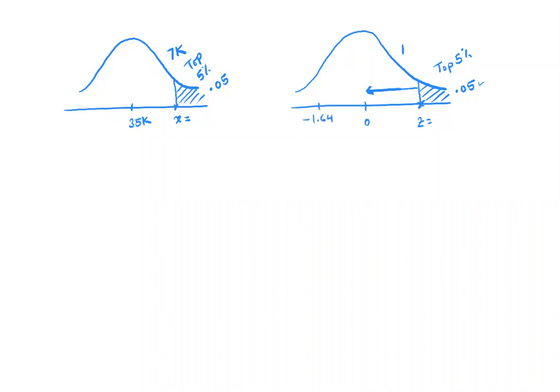We just found it. So we need to look at the big area to the left, which is 1 minus 0.05, which is 0.95.